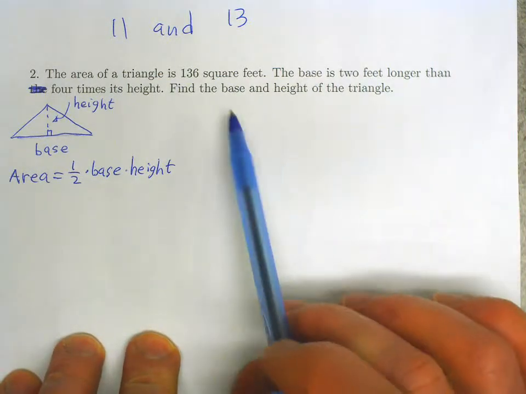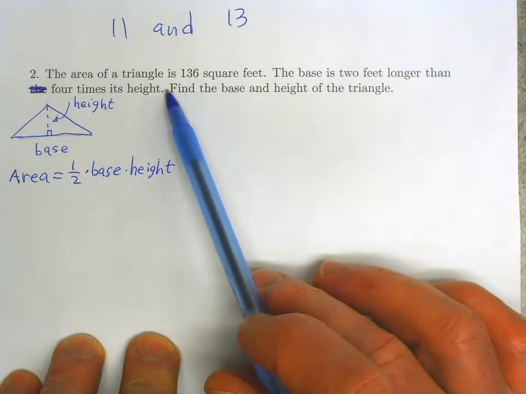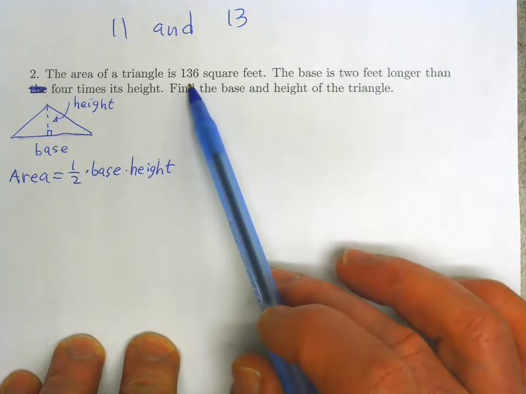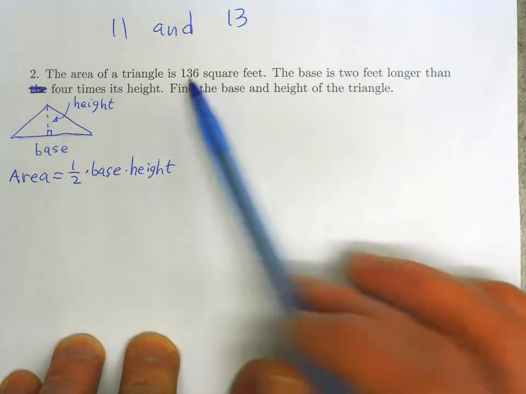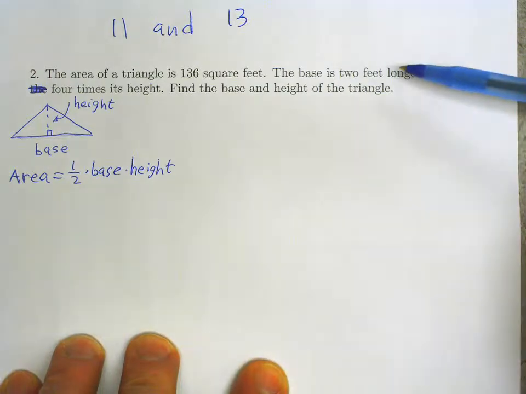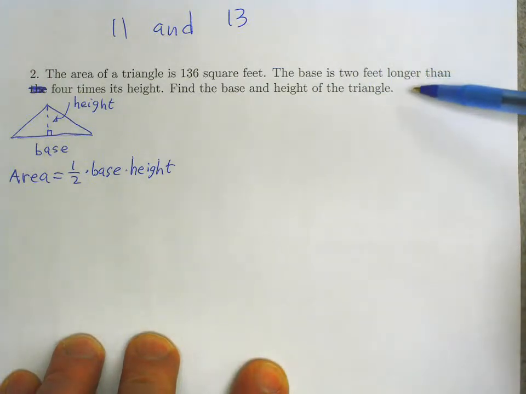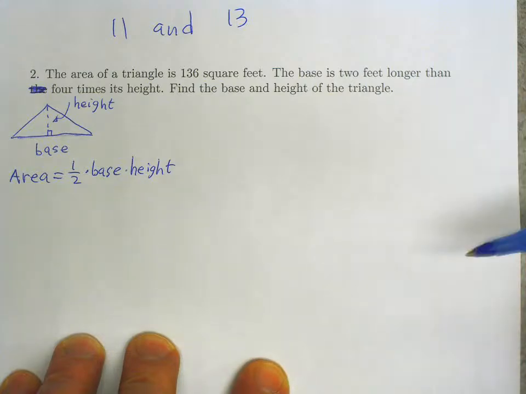Okay, so we have a particular triangle. We're told that its area is 136 square feet. And the base is described in terms of the height. The base is 2 feet longer than 4 times the height.